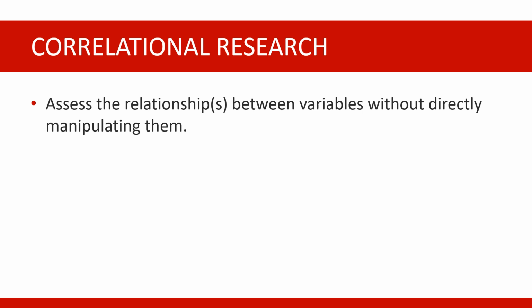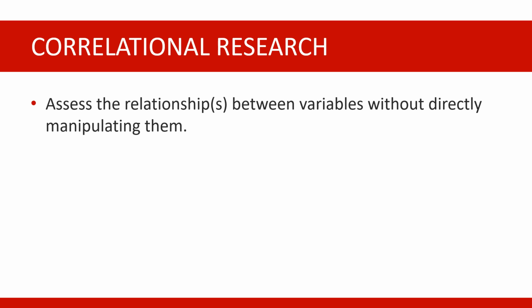So in clinical psychology, we are very often doing correlational research, where we are looking at the relationship between two variables without directly manipulating either of them. So for example, we might be looking at the relationship between beliefs about the world and symptoms of depression. We might be looking at the relationship between how sensitive people are to potential rewards or threats or punishment and symptoms of bipolar disorder, such as mania.